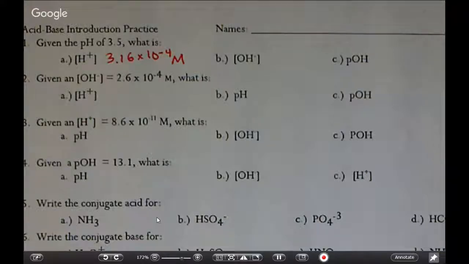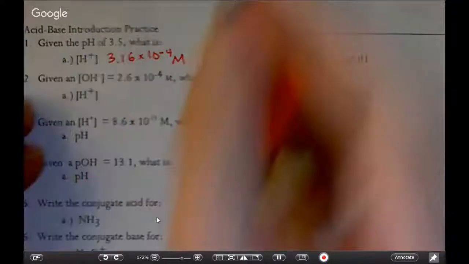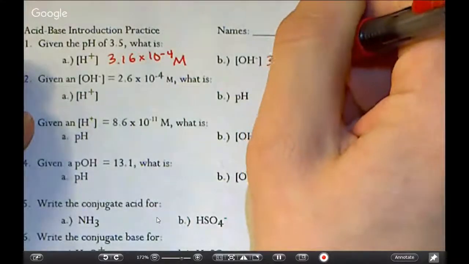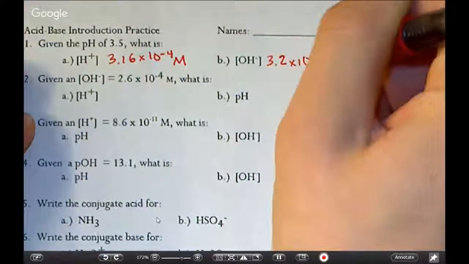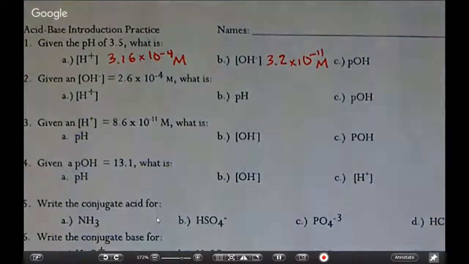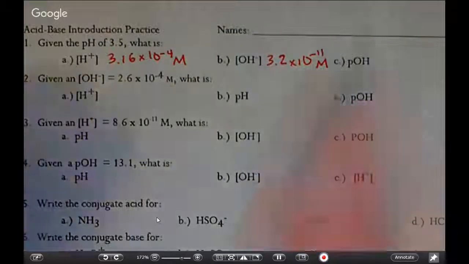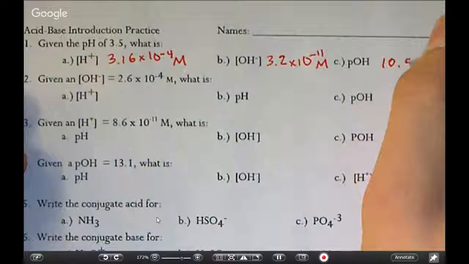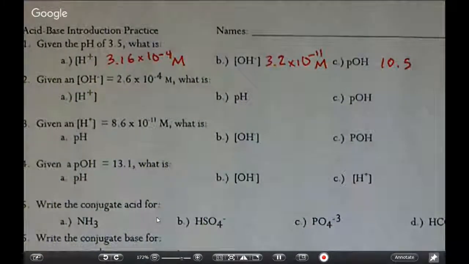Yeah, 3.2 is fine. Yep, I was not recognizing sig figs there. So 3.2 times 10 to the minus 11 if you're doing sig figs. And a pOH of 10.5.